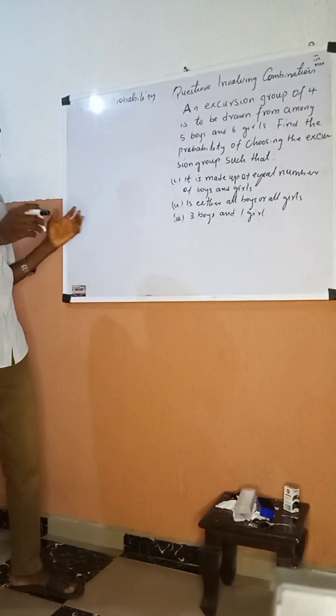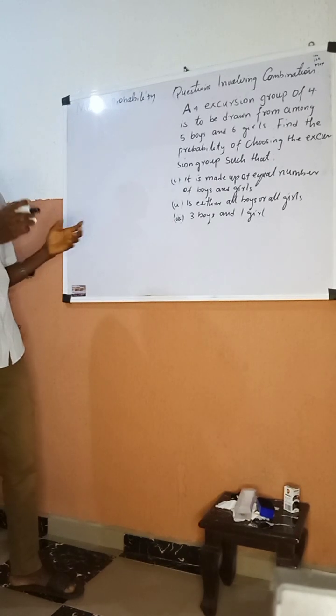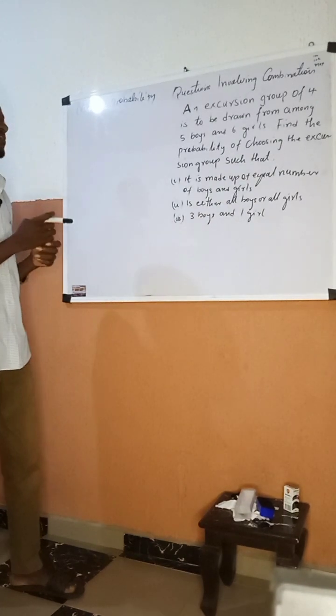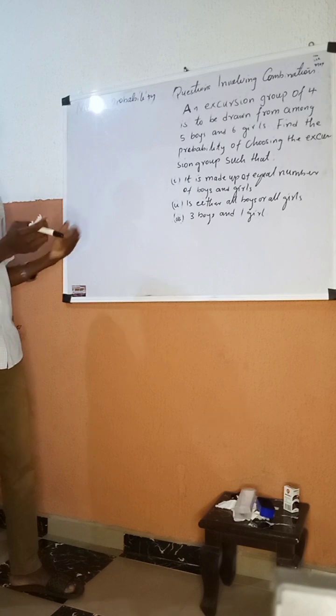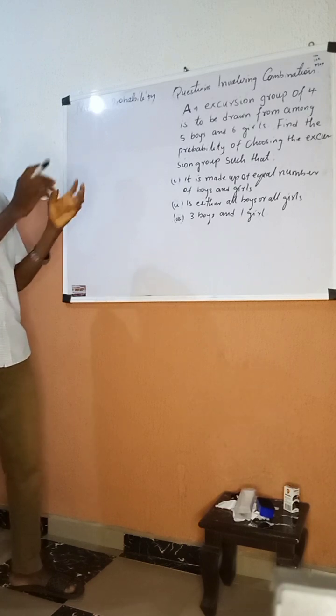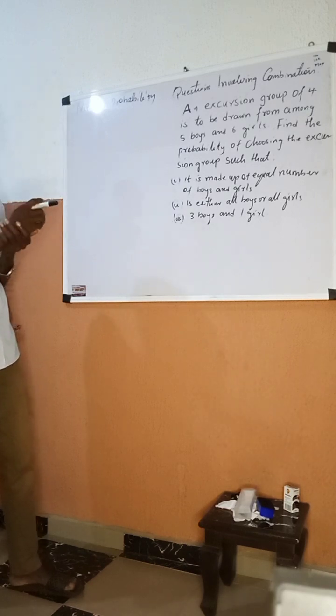And of course, in mathematics, selection is combination. That is the number of ways of selecting a subgroup from a whole group.